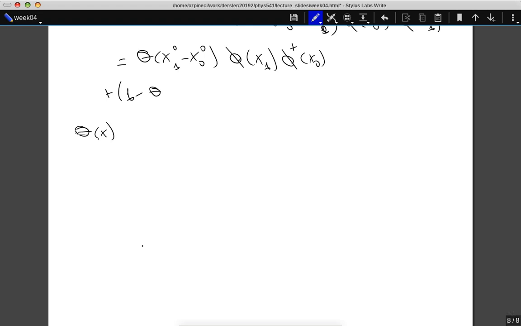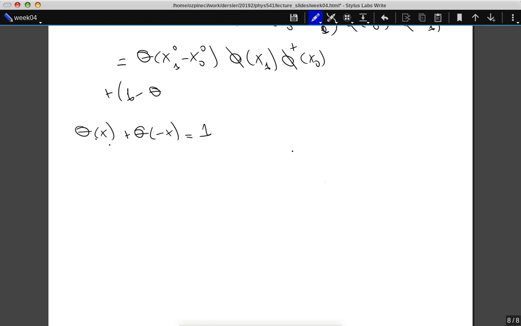You see, theta of x is 1 if x is larger than 0, 0 if x is less than 0. Theta of minus x is 1 if x is less than 0 and 0 otherwise. So if you just sum them up, the sum is just 1. Either one of them is 1 or the other one is 1. It depends on how you define what happens when x is equal to 0.